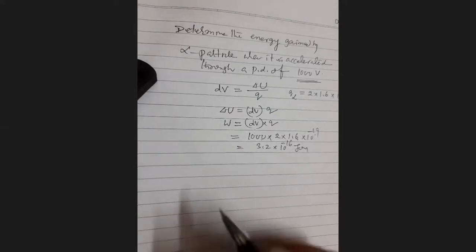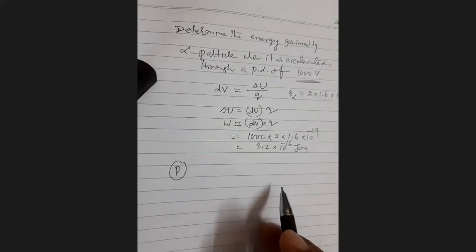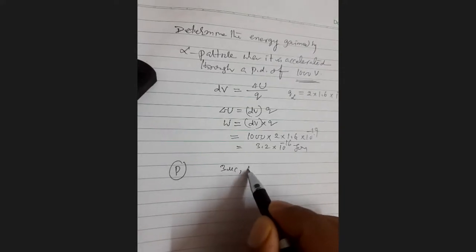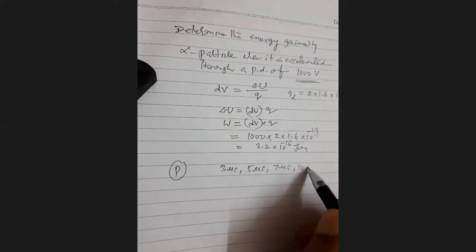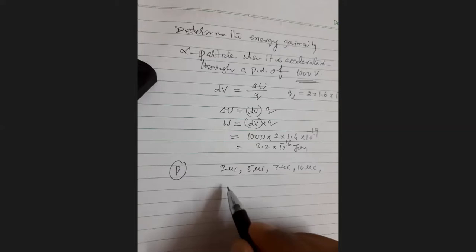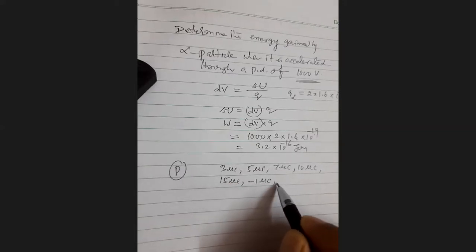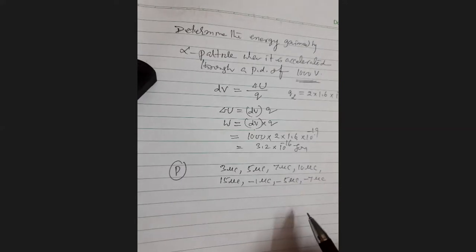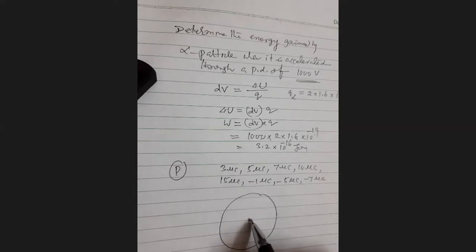Okay. Next problem you see: 8 charges of value 3 microcoulomb, 5 microcoulomb, 7 microcoulomb, 10 microcoulomb, 15 microcoulomb, minus 1 microcoulomb, minus 5 microcoulomb, minus 7 microcoulomb are placed symmetrically on a circle of radius 0.4 meter.